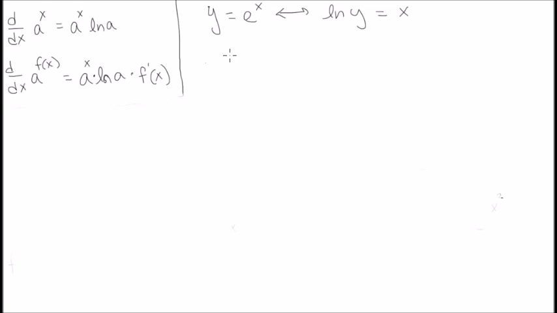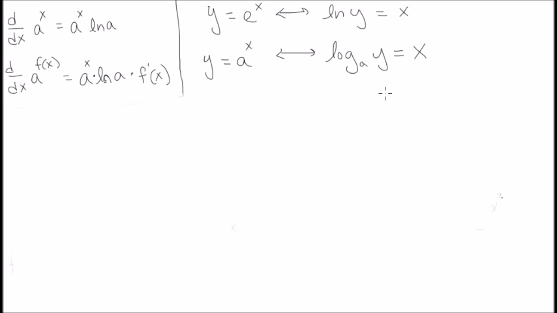Now, if we want to, we can think about other exponential functions that are not base e, and then we simply have the log of y, with whatever base we had, is equal to x.